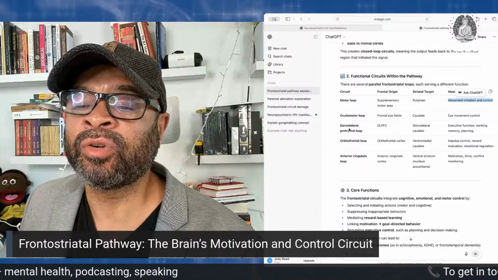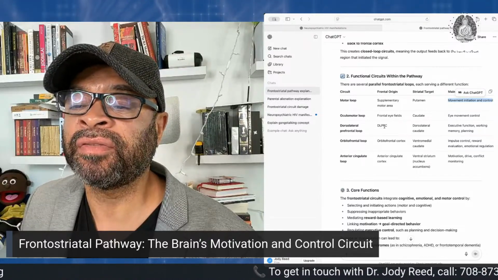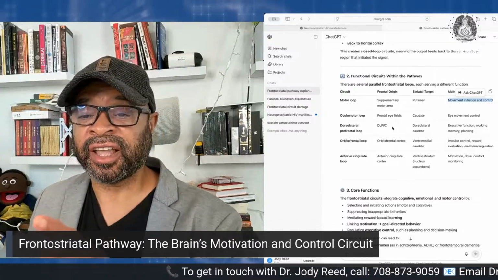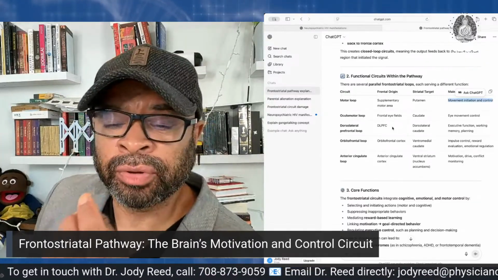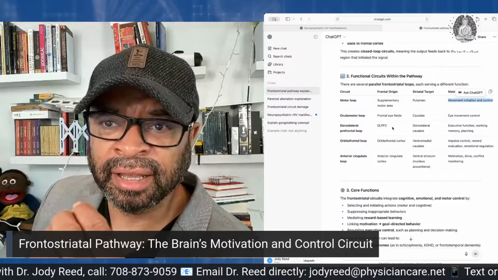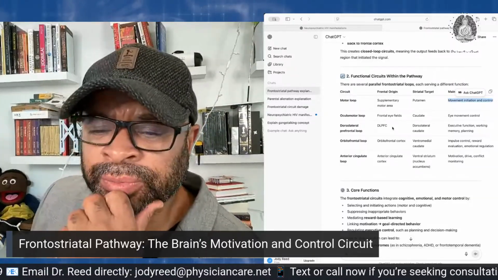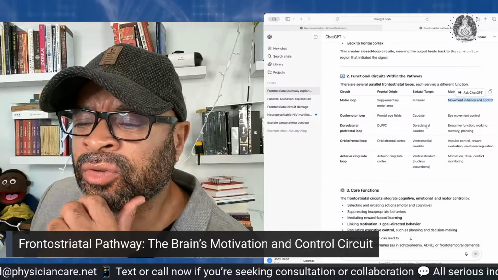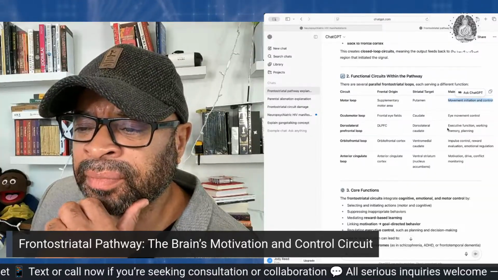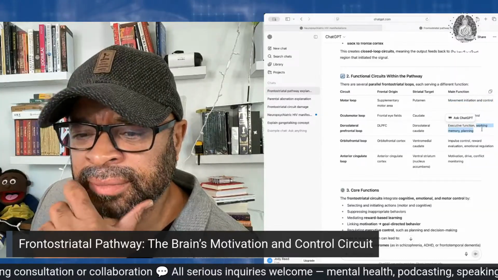Next, the dorsolateral prefrontal loop. We have to look at that one next, because the dorsolateral prefrontal cortex is thought to be the seat of the ego, and that's what we're trying to dismantle. So the dorsolateral prefrontal loop, the dorsolateral caudate, is for executive functioning, working memory, and planning.